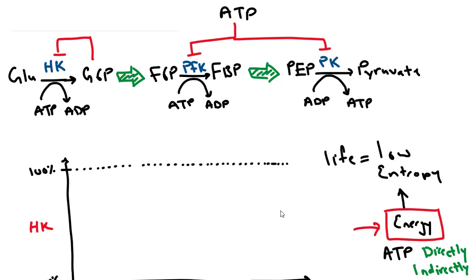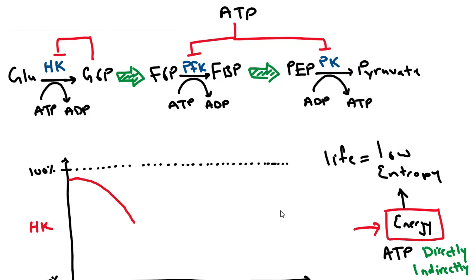Because if it starts off near 100%, then as the amount of glucose 6-phosphate goes up, its activity starts to go down, right? But then the cell needs glucose 6-phosphate to be processed through glycolysis to make pyruvate, and the pyruvate used by the citric acid cycle to make the products of the citric acid cycle, which then some of those products, specifically NADH, will be used by oxidative phosphorylation to make more ATP.